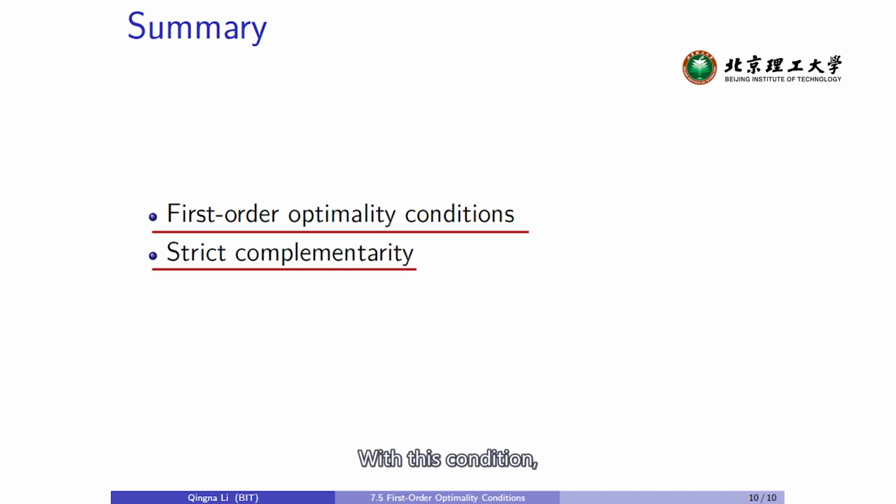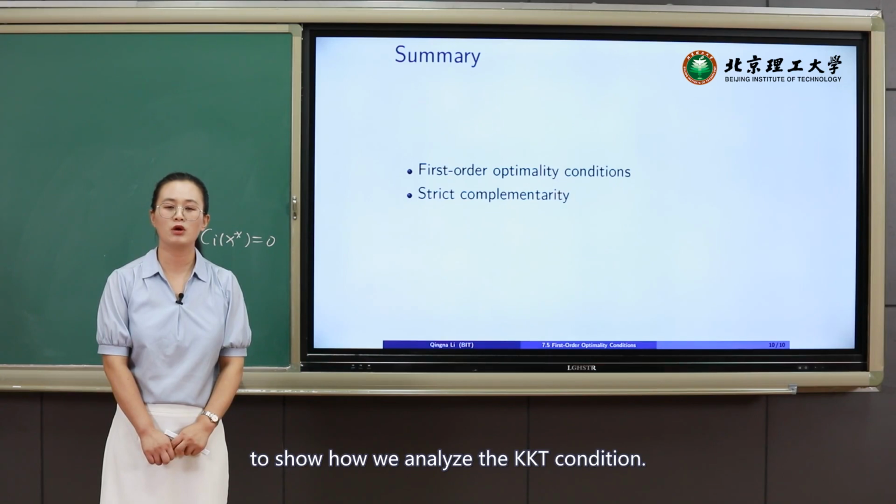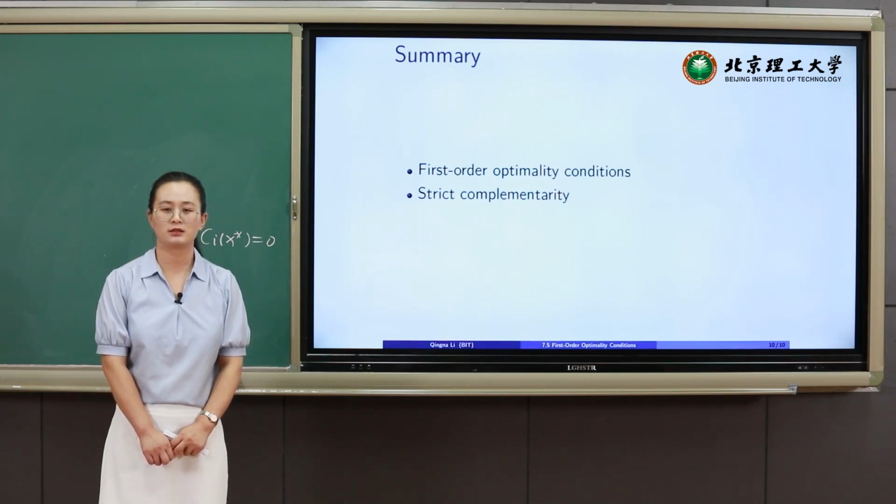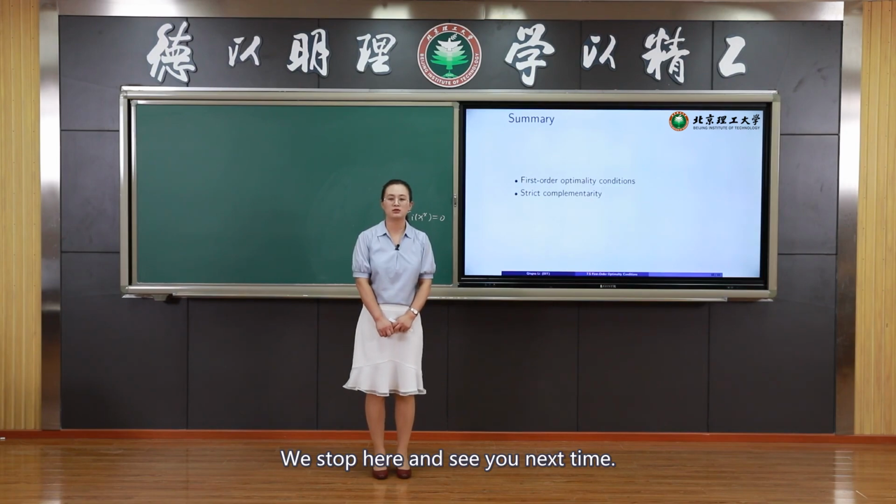With this condition, sometimes we can make the algorithm performance better, and it will also make our theoretical analysis easier. Finally, we presented an example to show how we analyze the KKT condition. Okay, we stop here and see you next time.